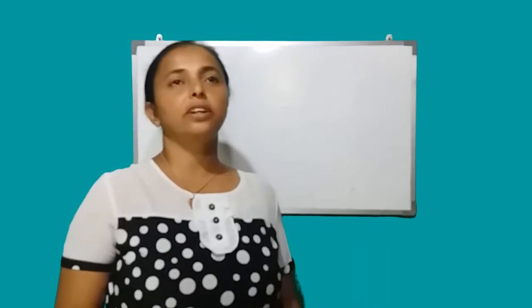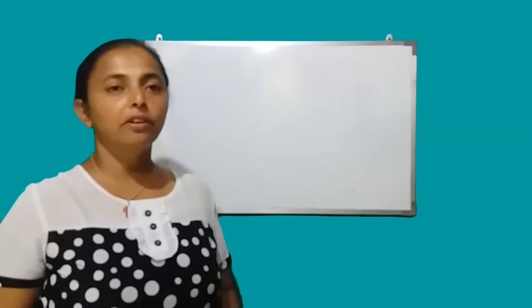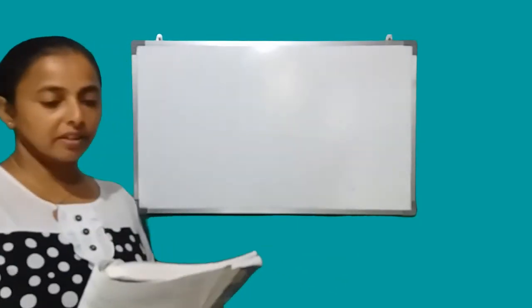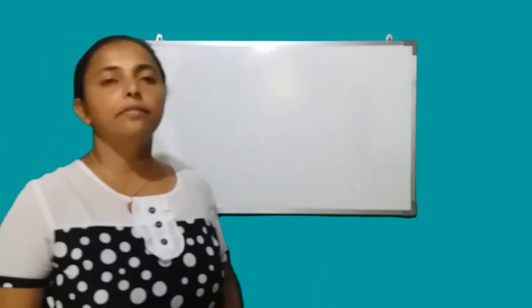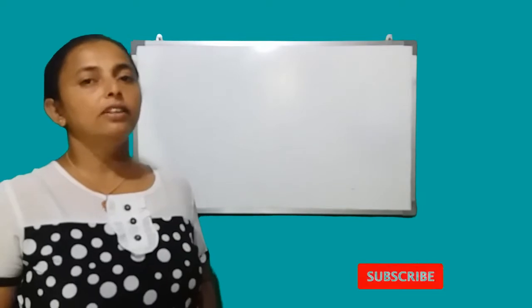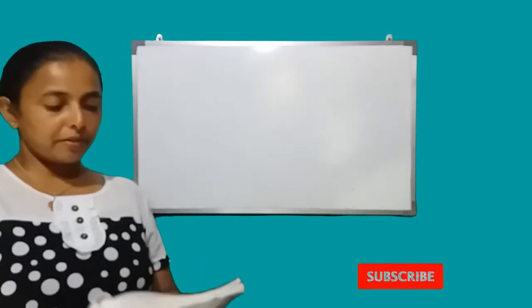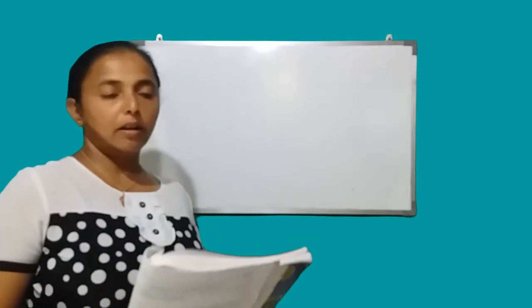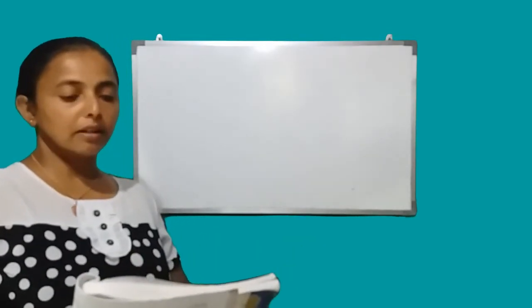Let us go to your grade 11 science book, your 7th lesson, acids, bases and salts. In day-to-day life, we use some acids, bases and salts. In the assignment first, you have been given some solutions.